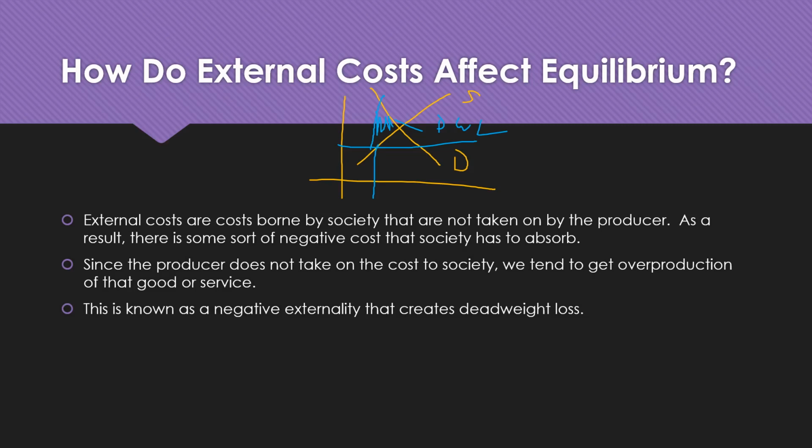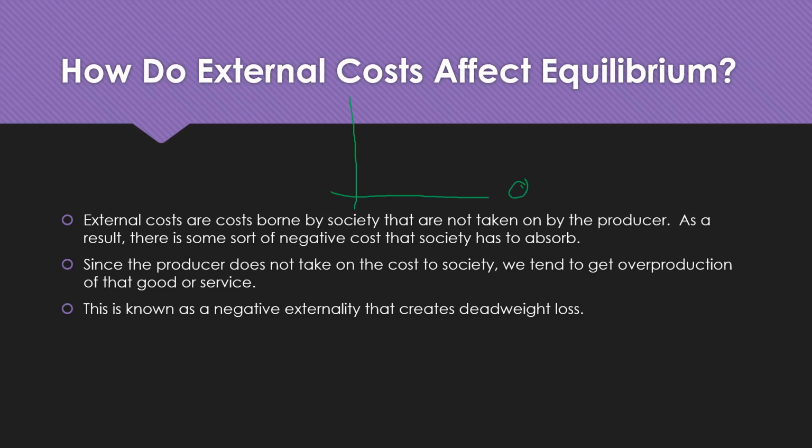Now what I'm saying is we're still getting to that equilibrium that we could get to before, but as a result of there being external costs that we can't actually represent in that model because the actual firm is not bearing that cost, we're going to eventually have deadweight loss again.